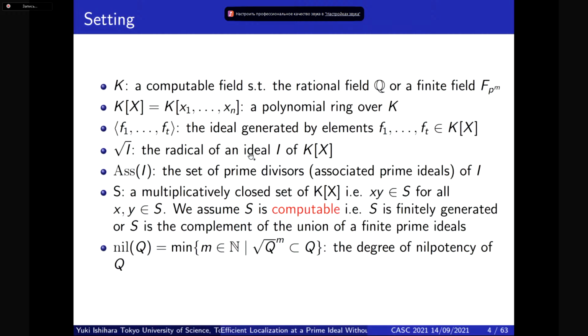We also consider the radical of I, and the set of prime divisors of I, and the multiplicative closed set. Also, we will see later the degree of nilpotency of Q.